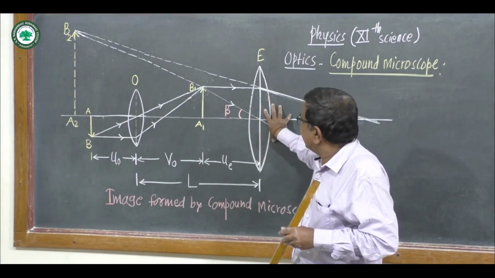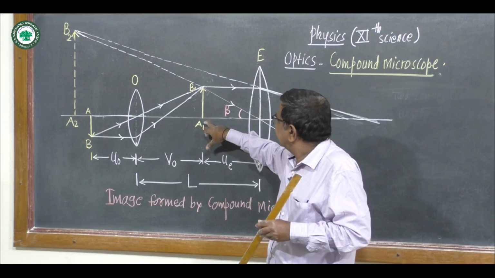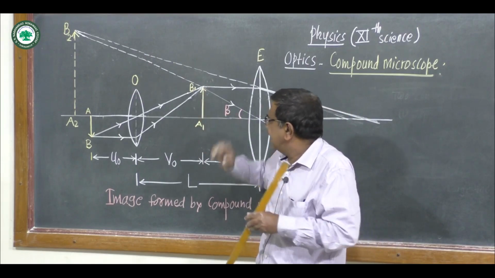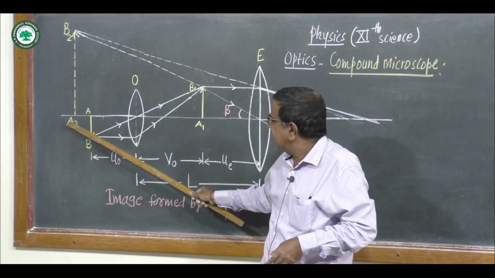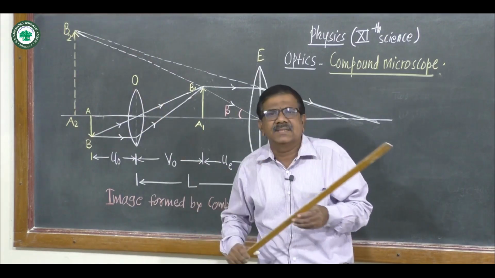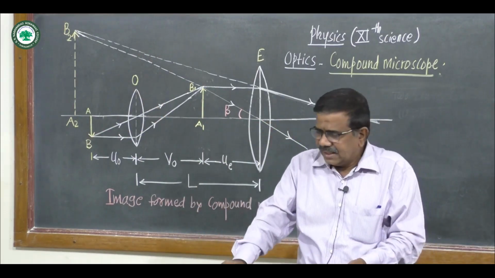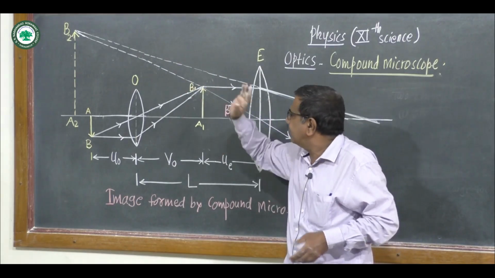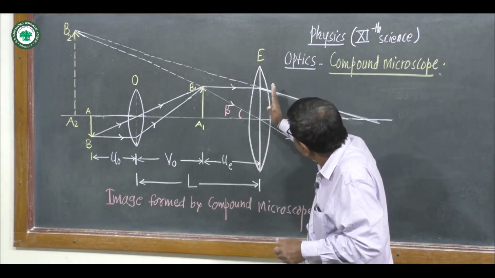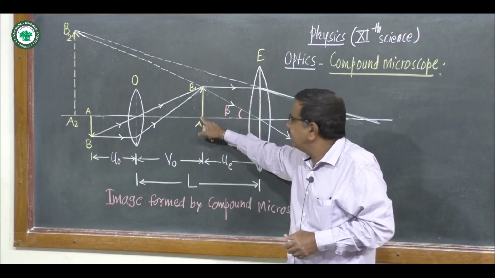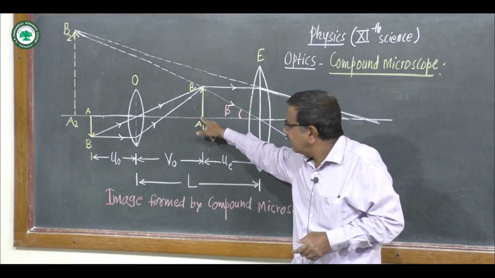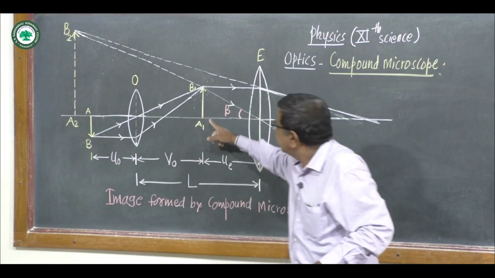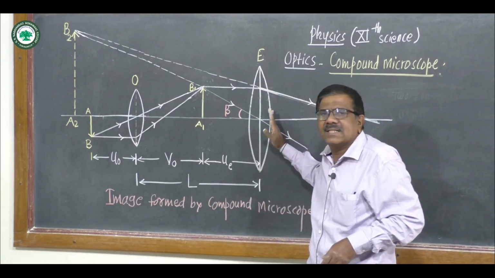The image is virtual, erect and magnified, and it is on the same side as the object A1B1. For this eyepiece, the image A1B1 acts as an object.